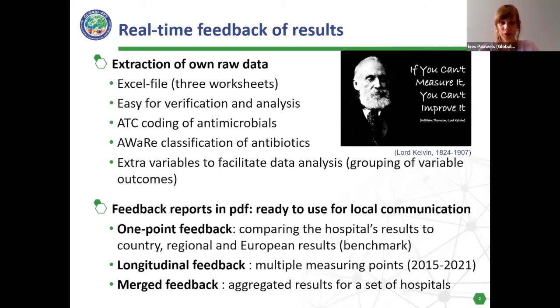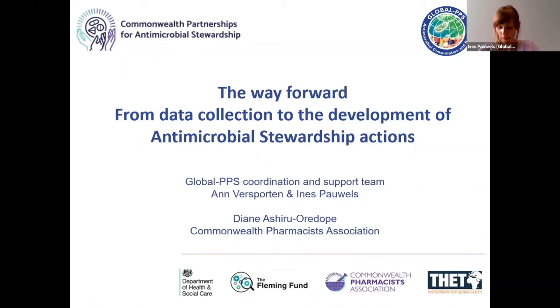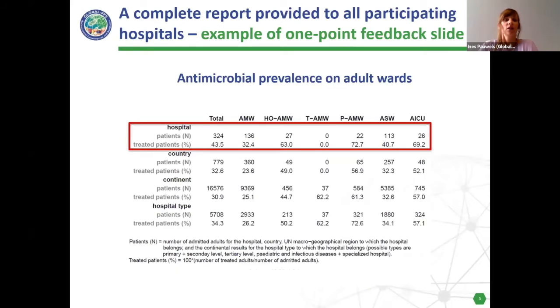So this is a first example of a page in the 1-point feedback report. I hope you can see it clearly. I will just walk you through it. It shows the antimicrobial prevalence on adult wards for a certain hospital.